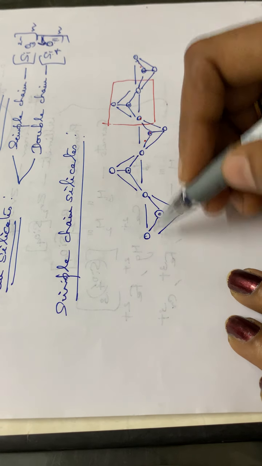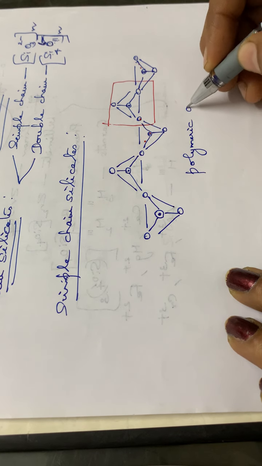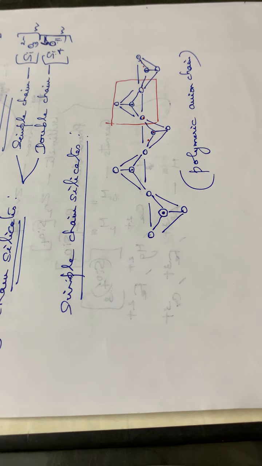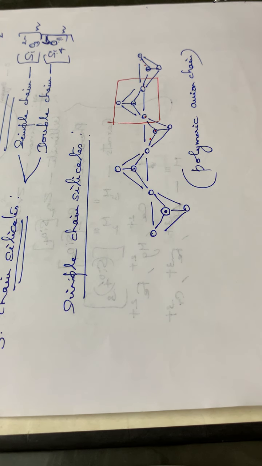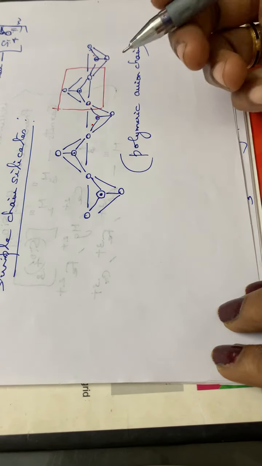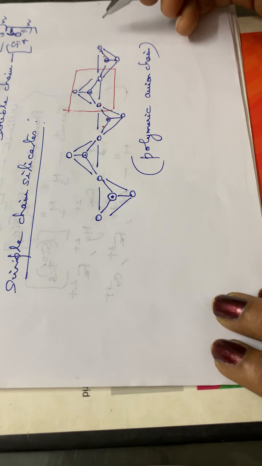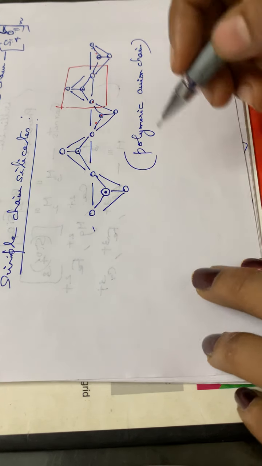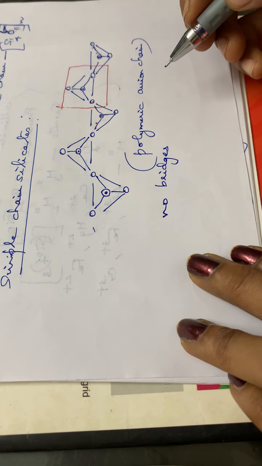Therefore, it gives rise to a polymeric anion chain. Here no bridging type is there, only chain type silicates. It will be going on like this at both ends. No bridges will be formed in the case of simple chain silicates.